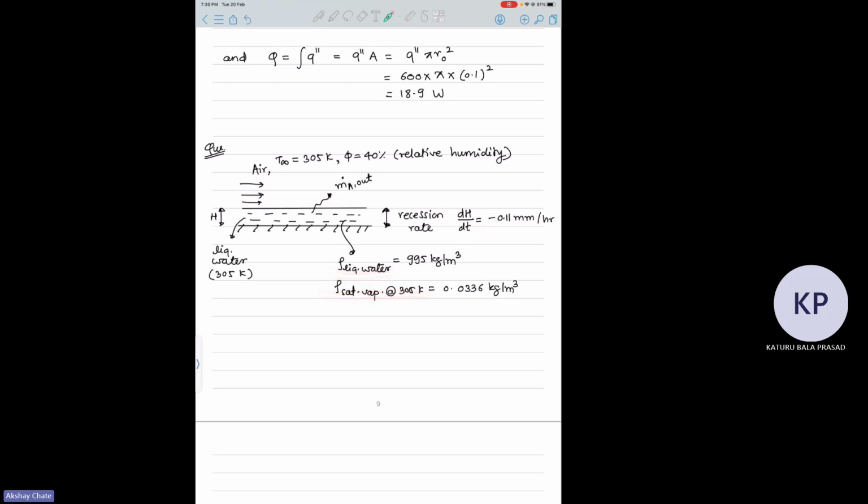So now you need to find what is the rate at which mass is lost because of evaporation per unit surface area.